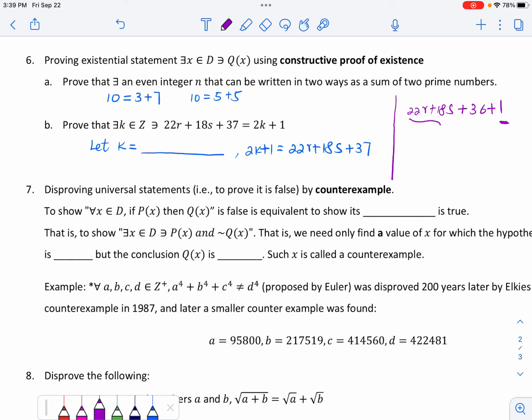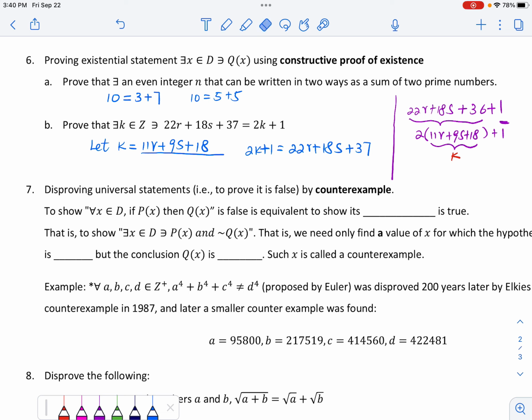And then I try to rewrite this as 2k, which means I factor out the 2, which gives 11r plus 9s plus 18. So that's what I would call my k, right? So let k be 11r plus 9s plus 18.